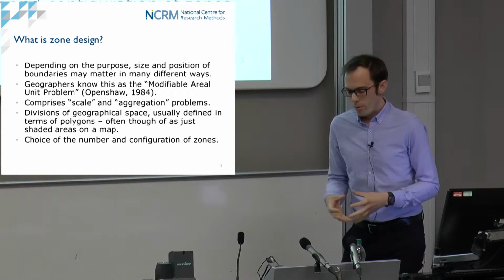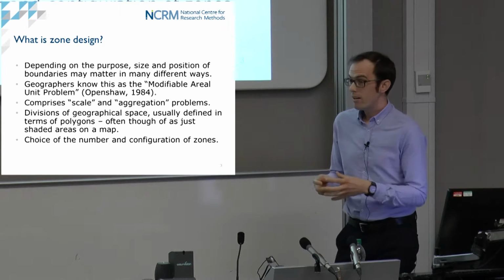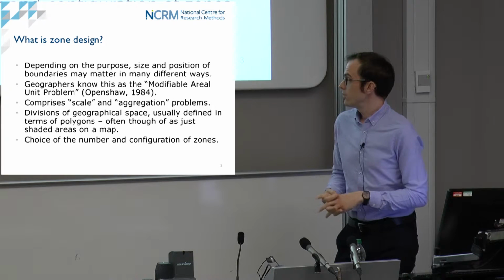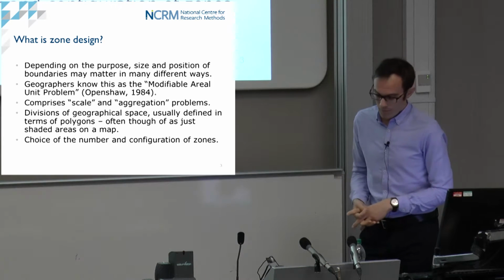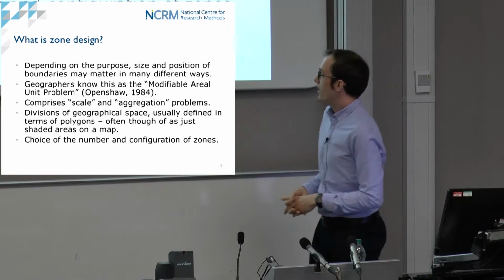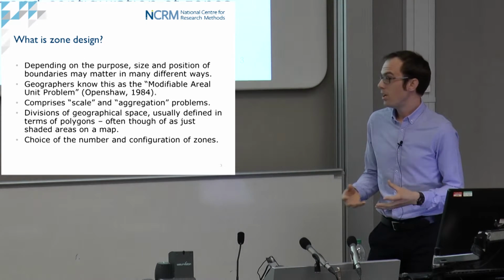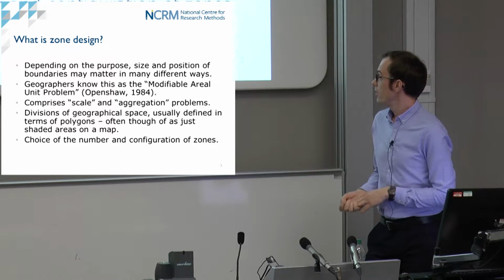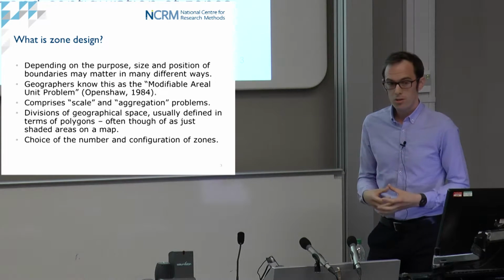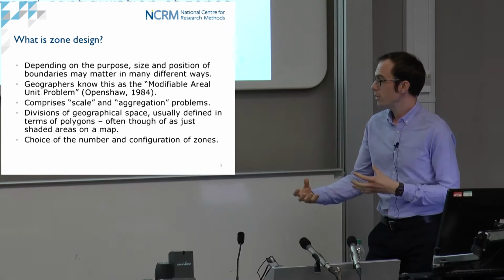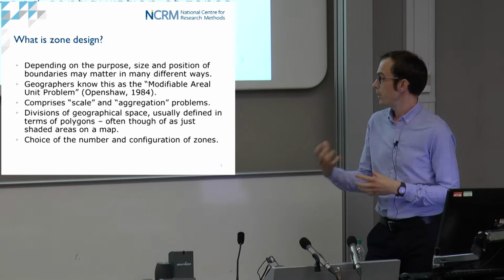But when we're creating statistics, those will vary depending on the actual units which are used. And of course, we have the option to choose the number and the configuration of zones. So it's really important to think about those geographies and to think about what the outcome is in terms of the statistics which are being produced.